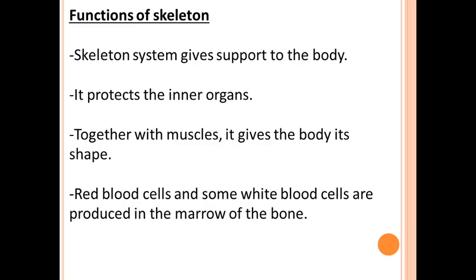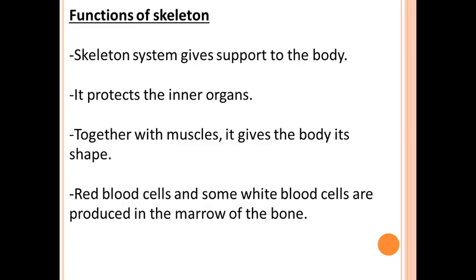Next one is that it protects the inner organs. Inner organs mean what? Your heart, lungs, brain. All these important inner organs are protected by these bones. The bones protect the soft organs of your body. The brain is protected by the skull, then the heart and the lungs by thin long bones in your chest, that are called ribs.